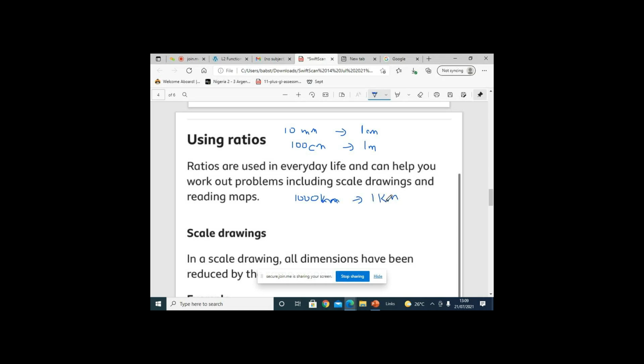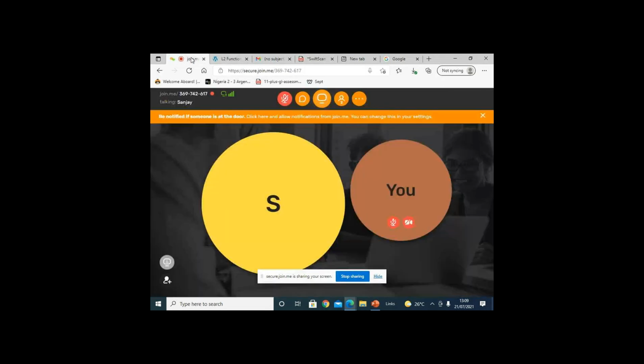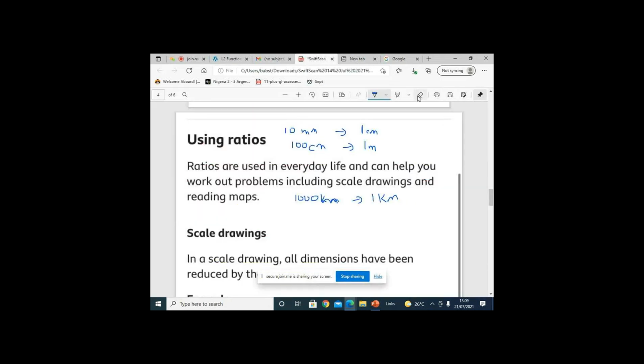So you need to know how to twist it. For example, 1,000 millimeters will make 1 meter, and 100,000 centimeters will make 1 kilometer. So it's very important you know this conversion.